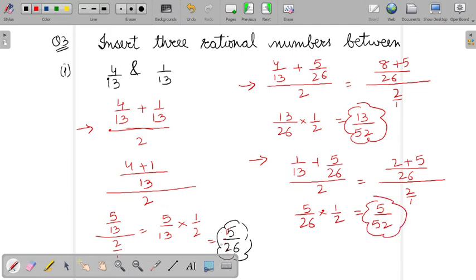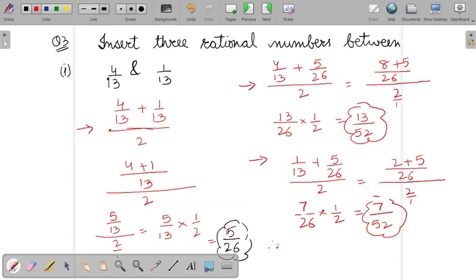So in this part we have got these three rational numbers. But sorry, here it is 7 by 26 and here it is also 7 by 52.